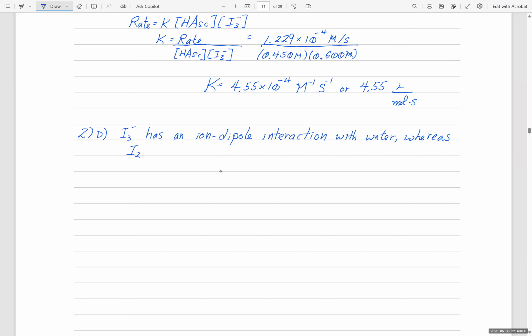The diiodine has only London dispersion forces, it being a nonpolar covalent molecule.